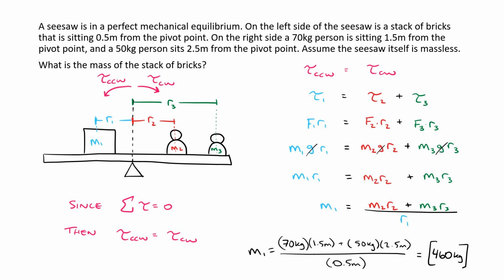The seesaw has a little pivot in the middle, and the stack of bricks is 0.5 meters from the pivot point.